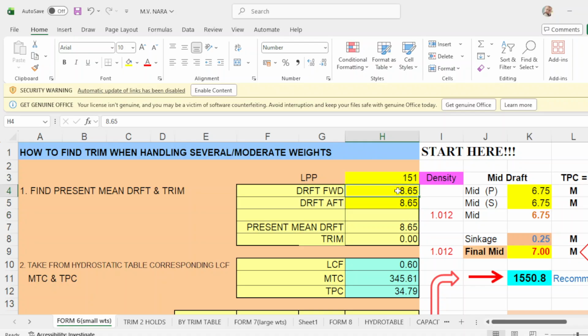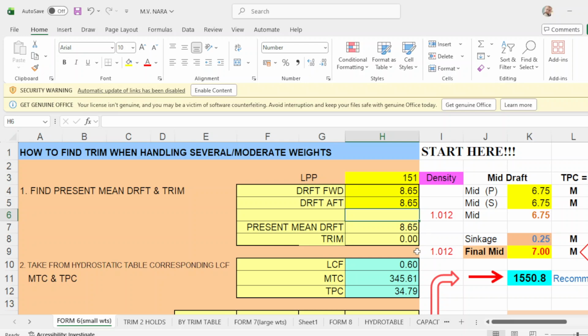So the vessel is floating in 8.65. Okay, again, the forward draft will be 8.65, and the aft draft will be 8.65, and the mean draft will be 8.65.